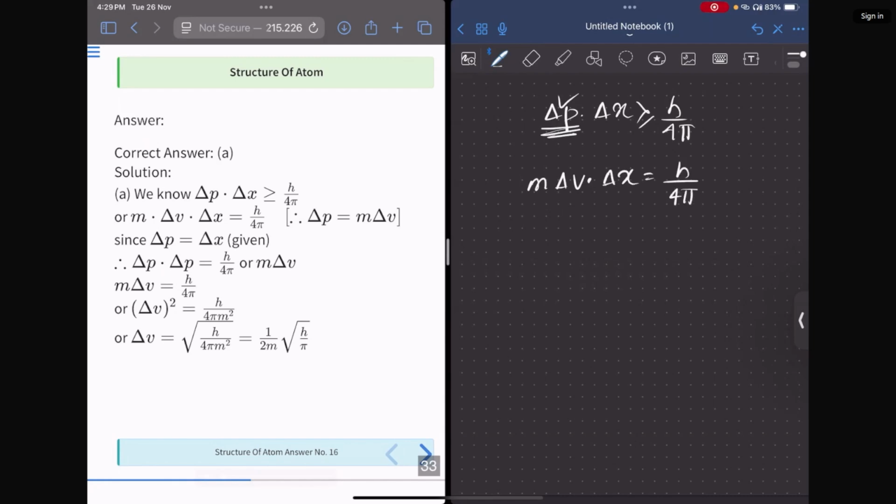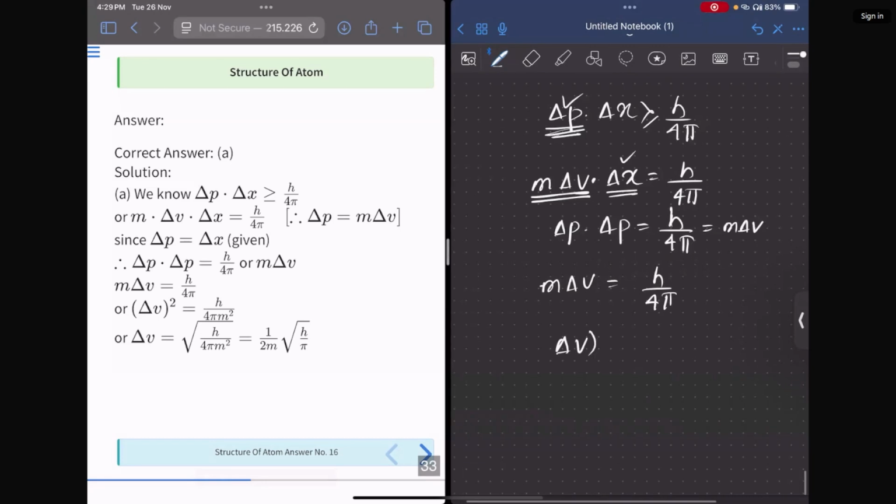Here given del P and del X are equal. So this one is del P, and this is also del P because it is the same as del X. So h by 4 pi is equal to M del V. So you can write M del V equal to h by 4 pi, or else del V square is equal to h by 4 pi M square.